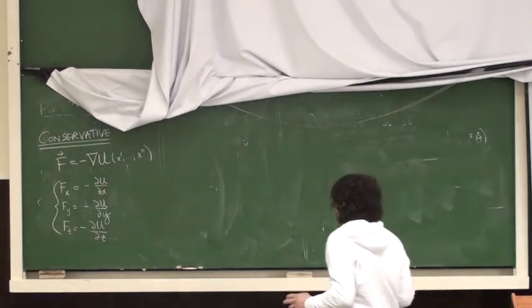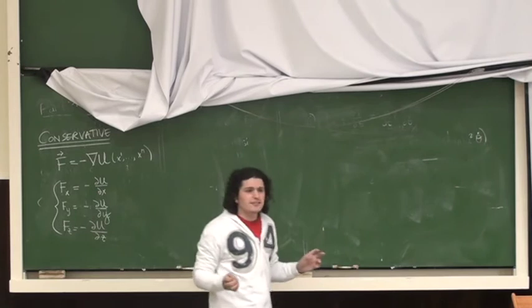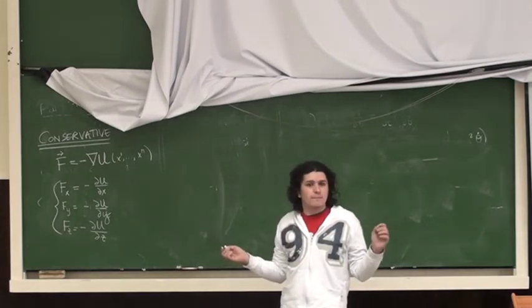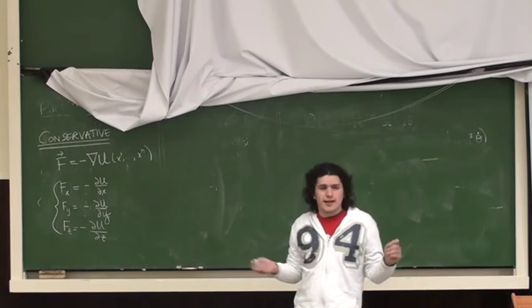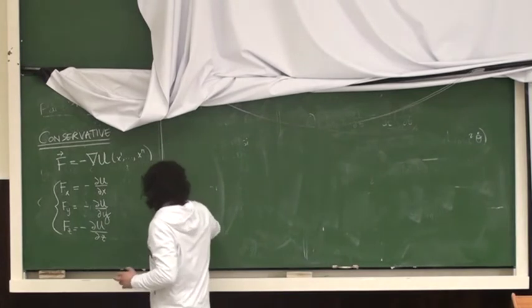So instead of thinking about this equation as x, y, and z components, I would like to determine a generalized component of force in some direction associated with generalized coordinates.